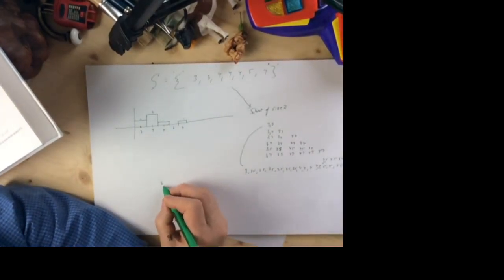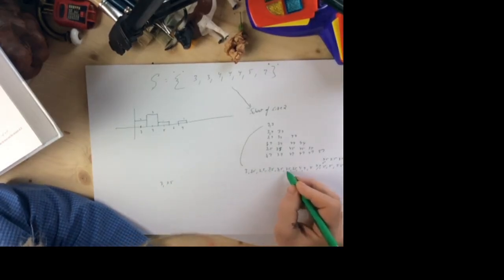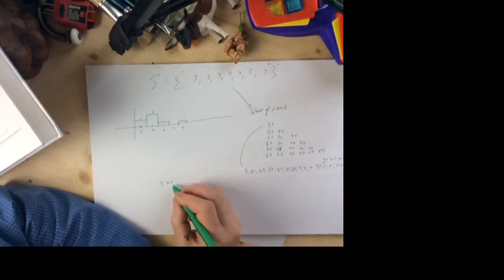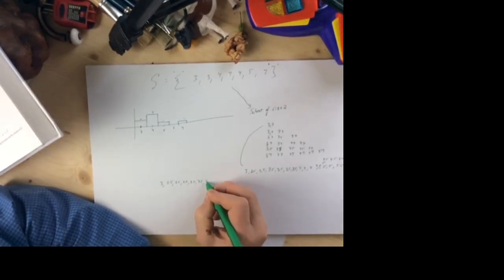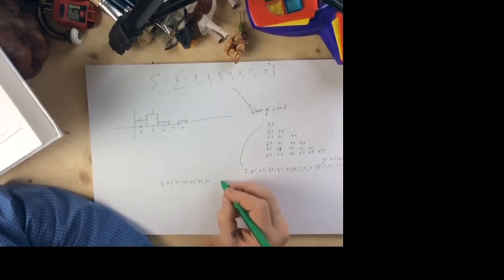I'm going to write that out. 3, 3.5. And how many 3.5s are there? 1, 2, 3, 4, 5, 6 of them. How many 4s? 1, 2, 3, 4, 5 if I did it right.